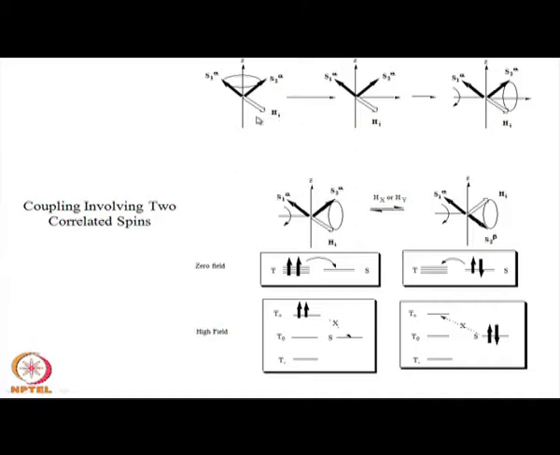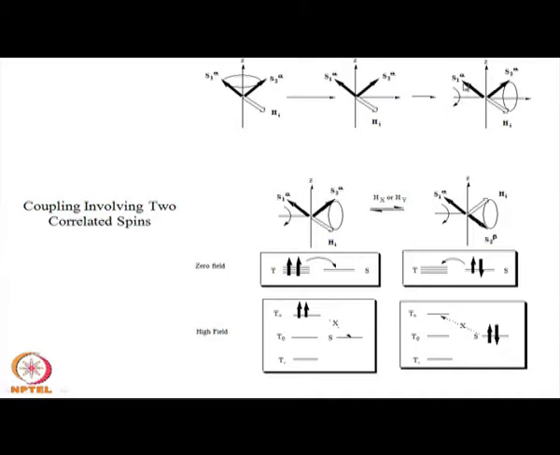What is happening is that if these two spins are coupled, there is no change along this z direction, no change in the overall spin projection along the z direction.